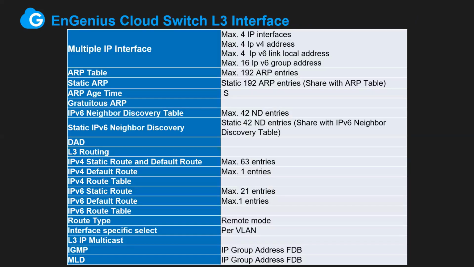The EnGenius Cloud Switch also has certain L3 functions, which are multiple IP interface, ARP table, and also IPv6 enable discovery. This table shows what additional features the EnGenius Cloud Switch caters to.